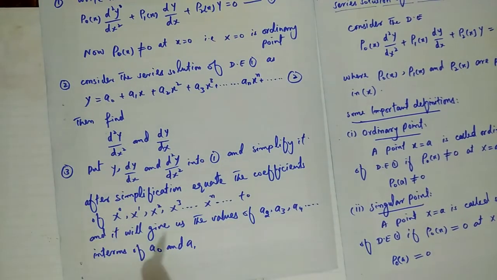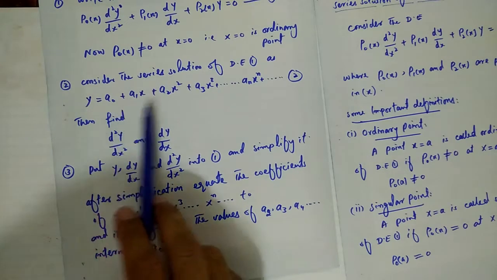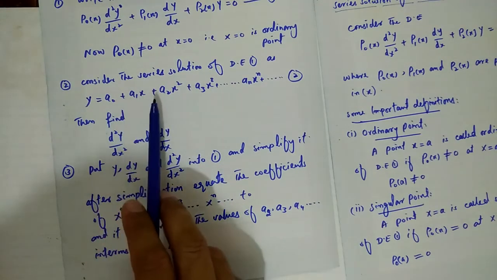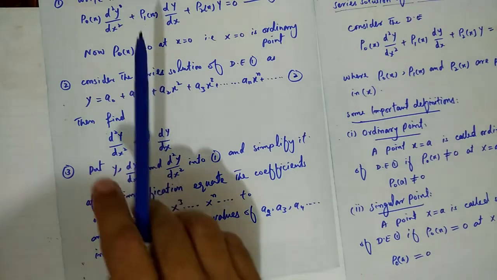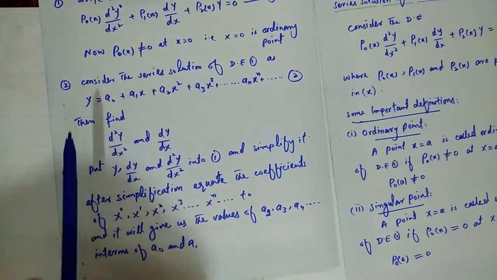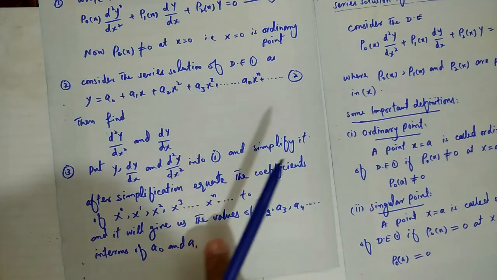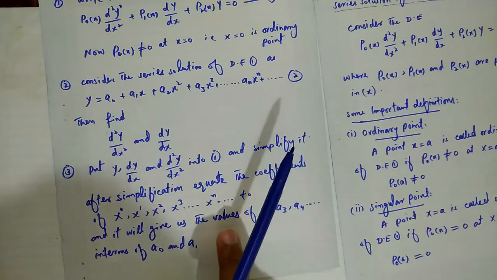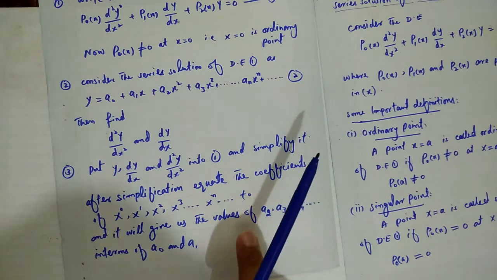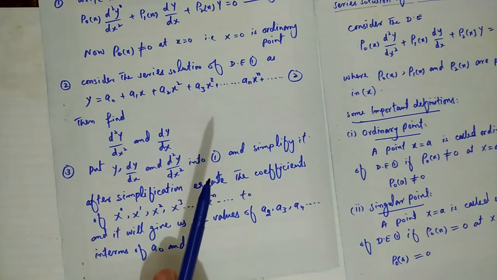Remember, whenever we put y, its first derivative and second derivative in equation number 1, and after making simplifications, we will obtain these coefficients a2, a3, a4, and all these coefficients will be given in terms of a naught and a1. Clear?